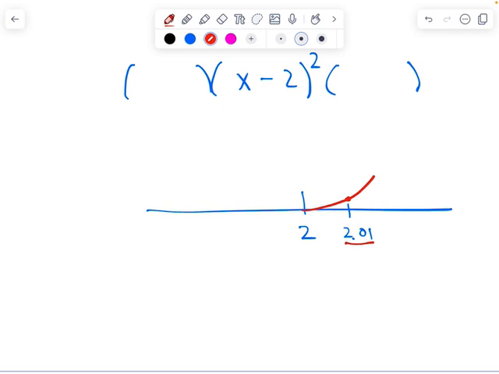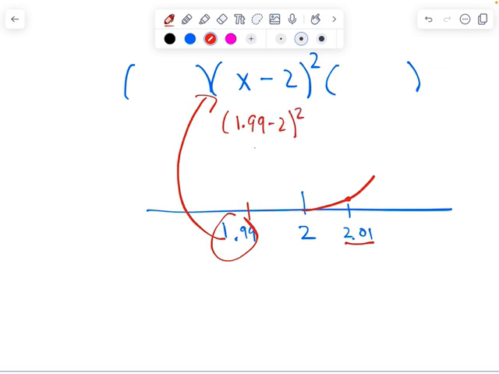Now, if I move to the left and pick a number on the left-hand side, like 1.99, and I plug that number into the equation, then I do 1.99 minus 2, which is going to be negative 0.01. And when I square it, it's going to be 0.0001.